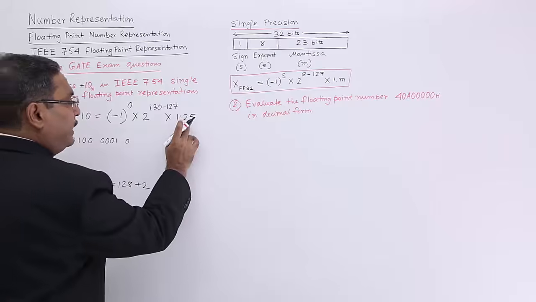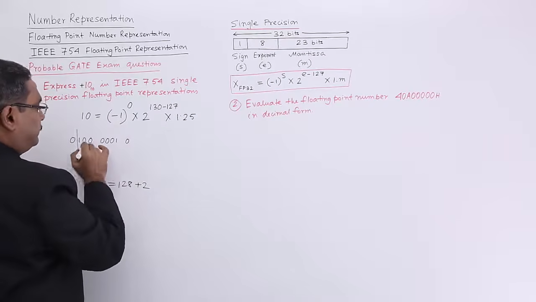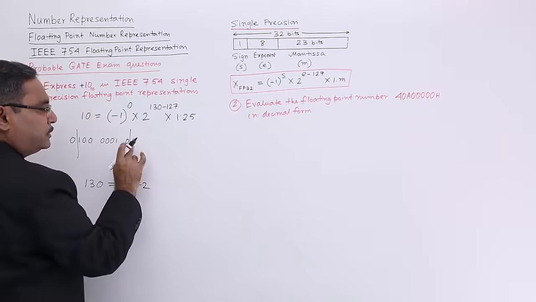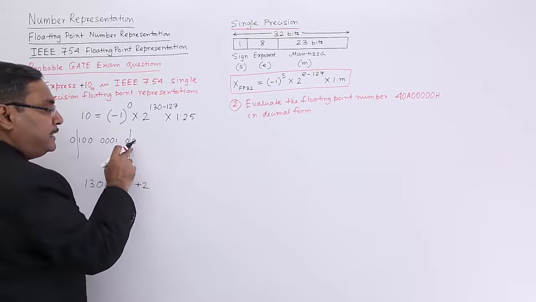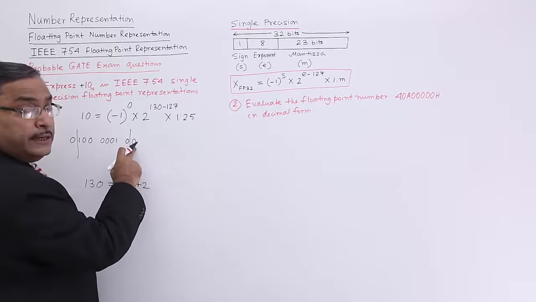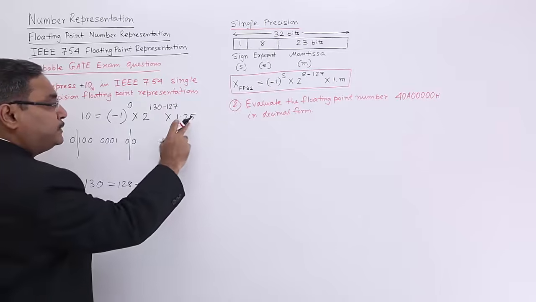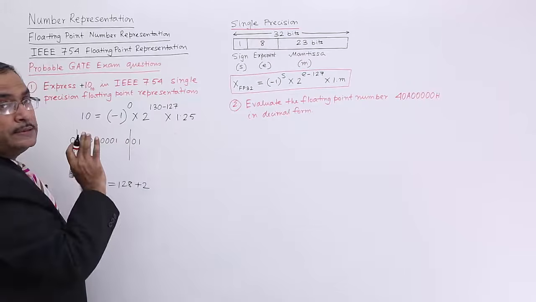And what about 0.25? Here, the first bit will be 0 because after the radix point the place value is 2 to the power of minus 1, which is 1 by 2, or 0.5, but we need 0.25. So the next bit will be 1 and all the other bits will be 0.